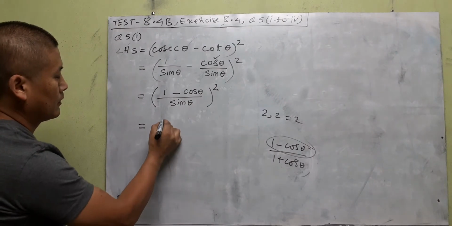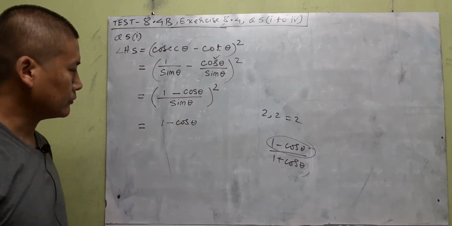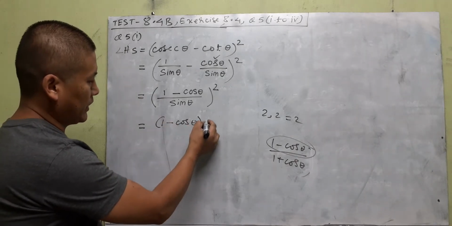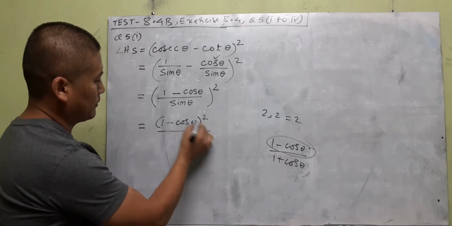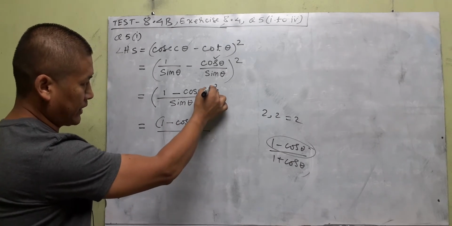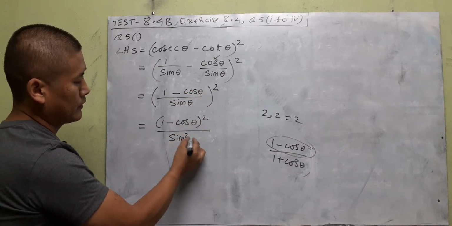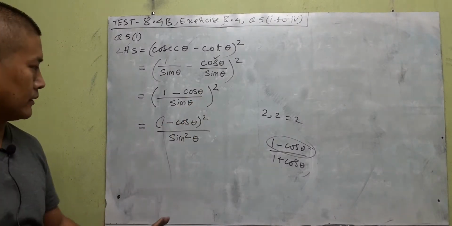See here, 1 minus cos theta, the whole thing square, we can just write as (1 minus cos theta) whole square, divided by sin theta, the whole thing square. The power on the bracket belongs to numerator and denominator, so this will be sin square theta. Power 2 belongs to both, so we separated it.